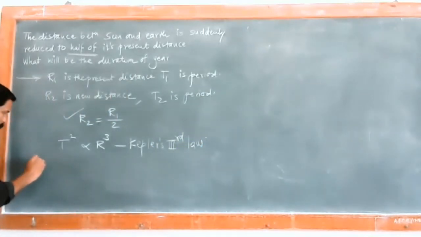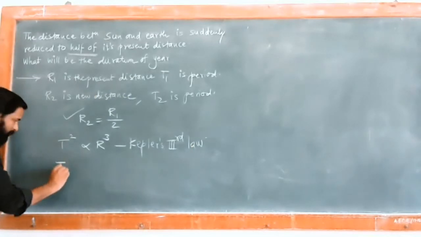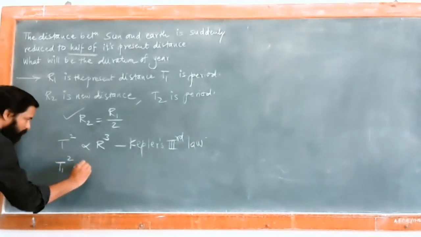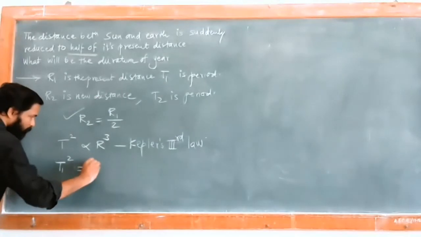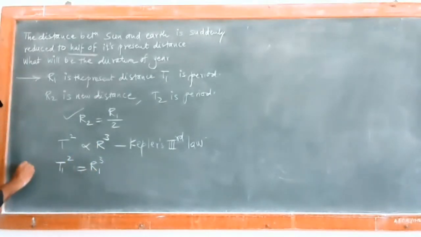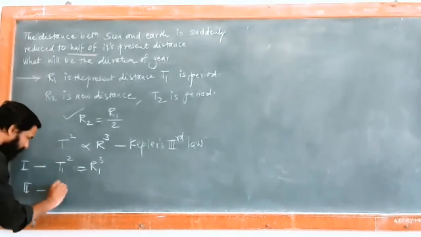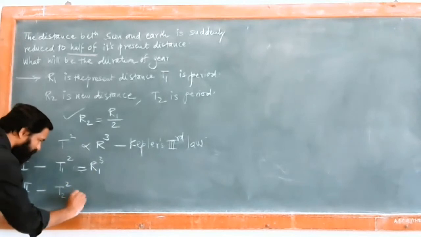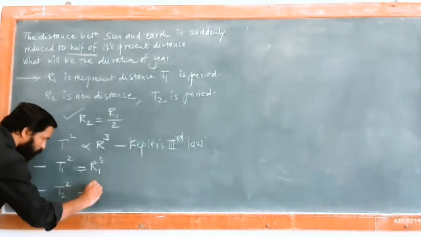For the first case, t1 square is equal to r1 cube, and for the second case, when the distance is decreased, t2 square is equal to r2 cube.